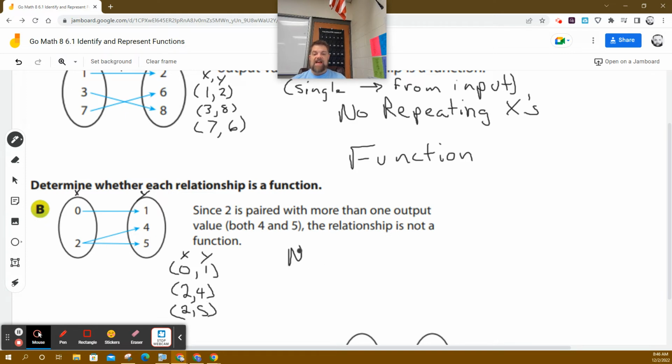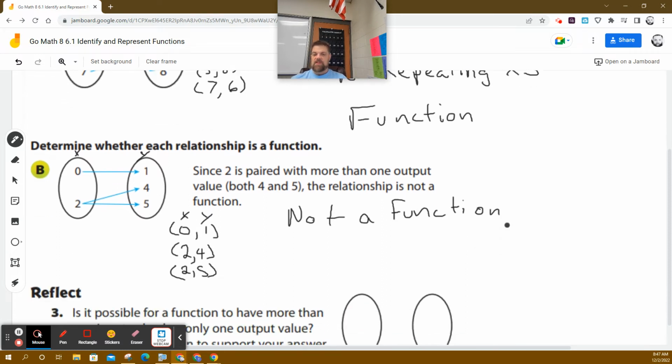Yep, not a function. It's a mathematical relationship. It's an equation, but it is not a function. A function is a very unique equation or relationship that has one unique output for each input. This one is not unique. 2 can equal 4 or 2 can equal 5.